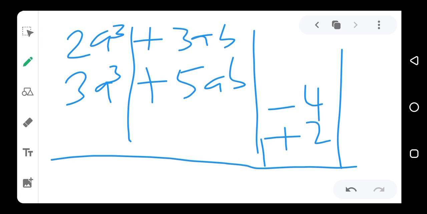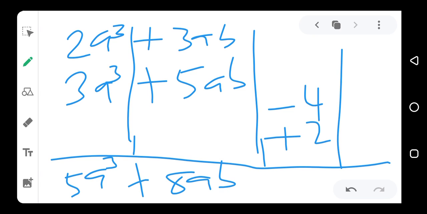Now, after everything, we draw our line and add from each column. 2a raised to power 3 plus 3a raised to power 3 is 5a raised to power 3. Now 3ab plus 5ab is plus 8ab.